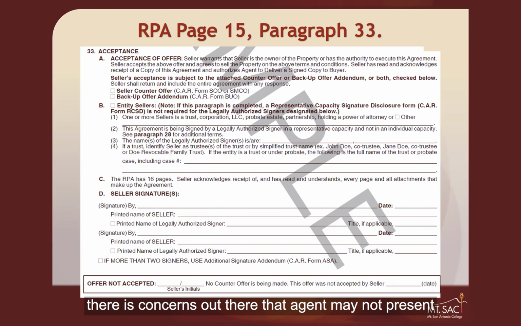because there are concerns out there that agents may not present all offers to their seller. The even greater concern is if you have more than one offer from the same company, right?